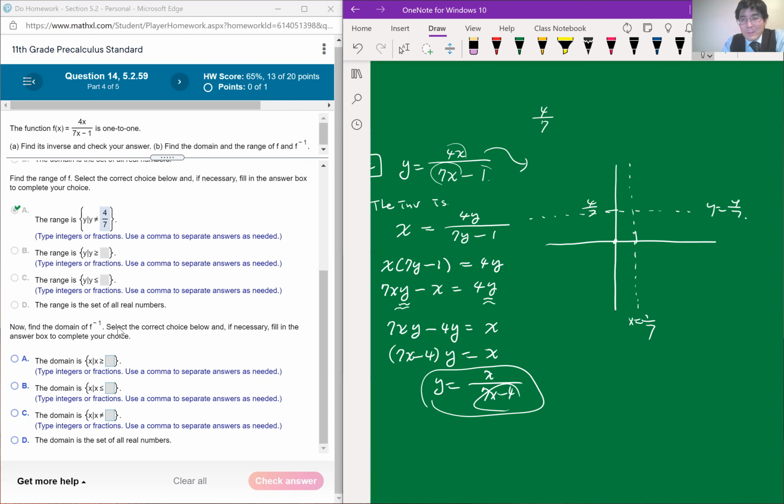The x-intercept is 0. So the graph is going to look like this. So the y value could be anything except 4 over 7.